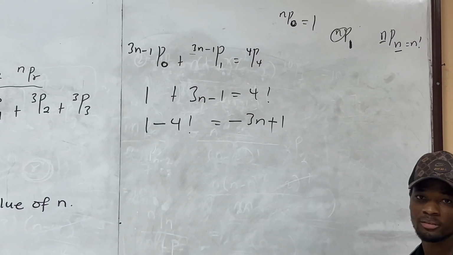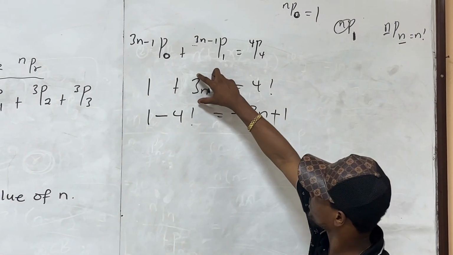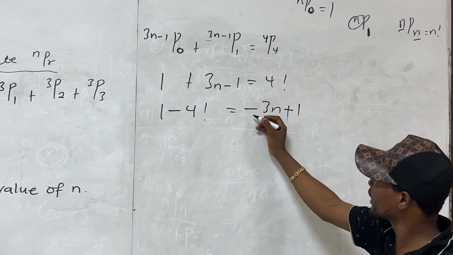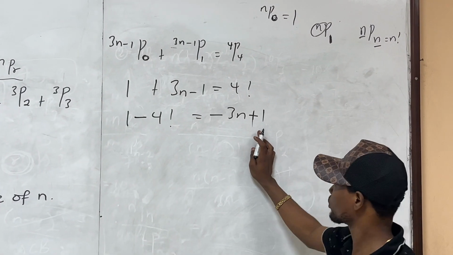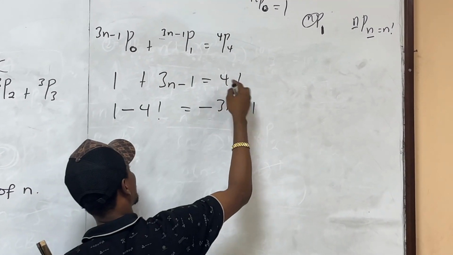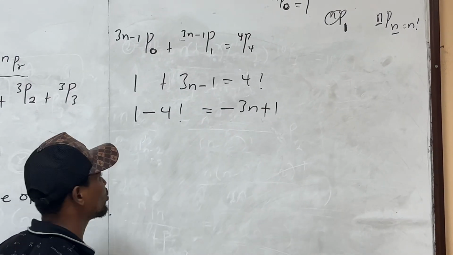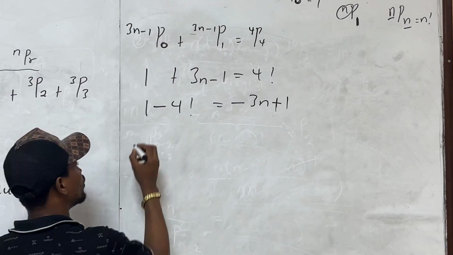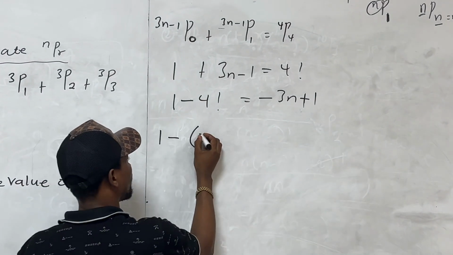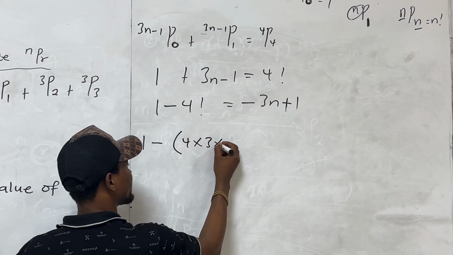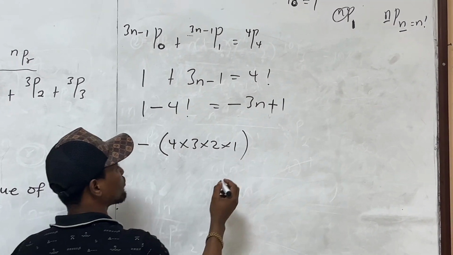So when you transpose the whole of this, you have negative 3n, then negative turns to positive. Here 4 factorial, when you transpose you have negative 4 factorial. This is basic algebra. So you have 1 minus 4 factorial, which means 4 times 3 times 2 times 1.